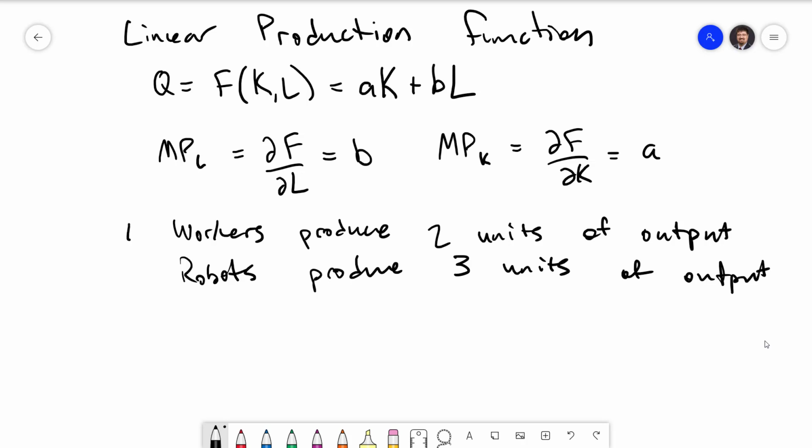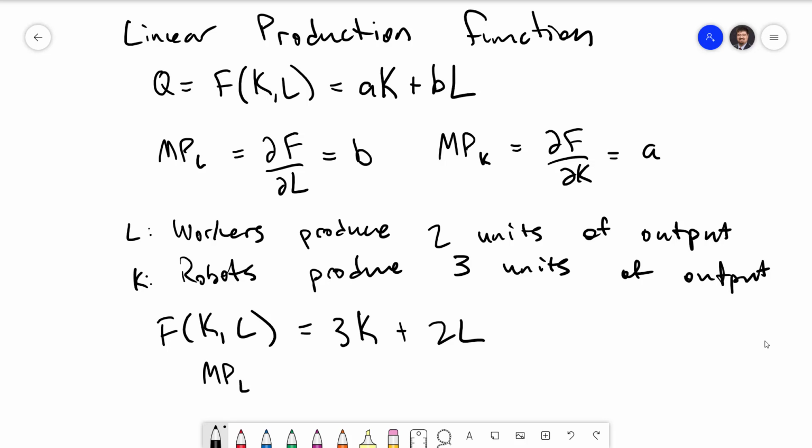Let's label these to make it clear, L and K. This means our production function, f of K and L, will be 3K, because each unit of capital produces 3 units of output, plus 2L, each unit of labor produces 2 units of output. This implies that 3 units of labor will produce the exact amount of output that 2 units of capital would. This also means that the MPL is going to be 2 and the MPK is going to be 3.